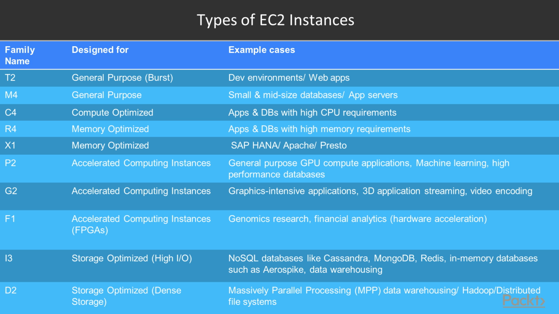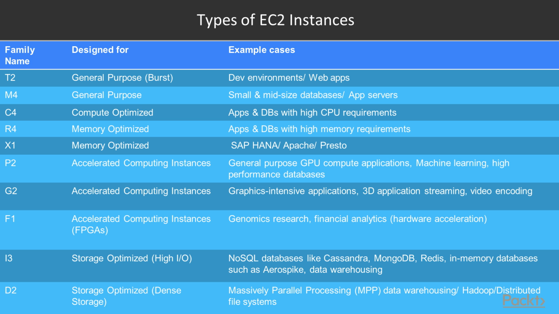Then we are moving on to storage optimized instances, which include i3, which can be used for NoSQL databases like Cassandra, MongoDB, Redis, in-memory databases, also to scale out transactional databases, data warehousing, as well as Elasticsearch.